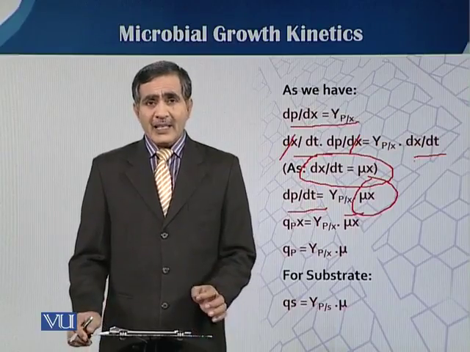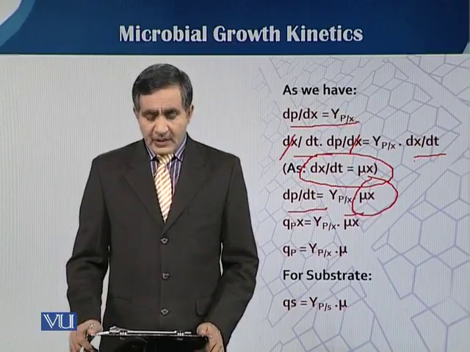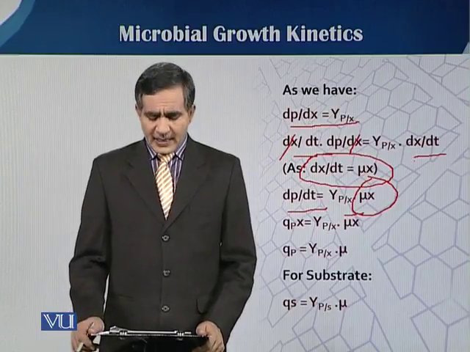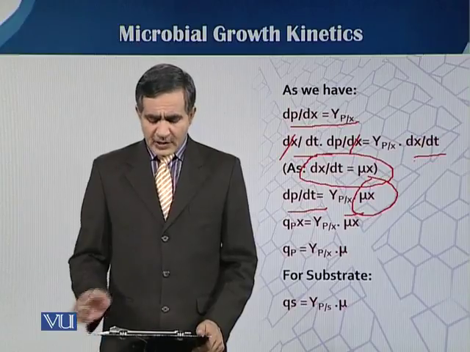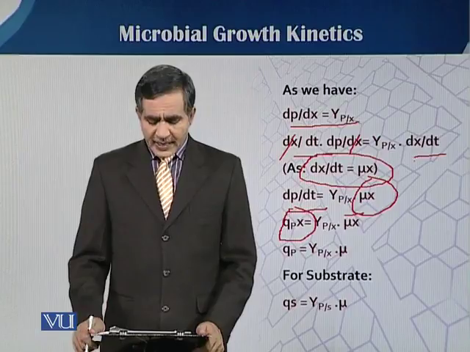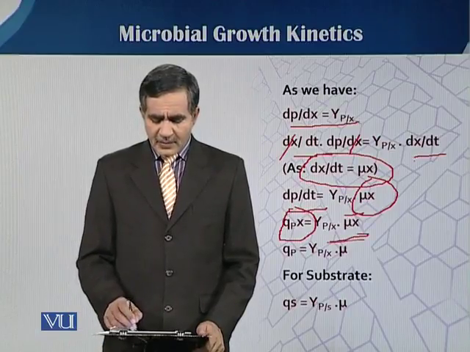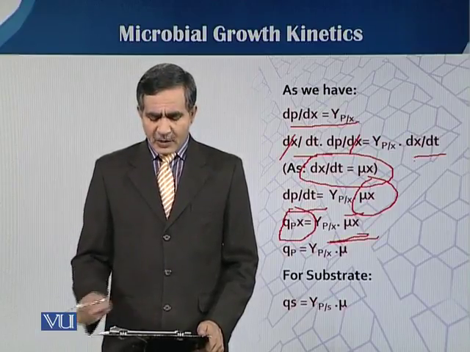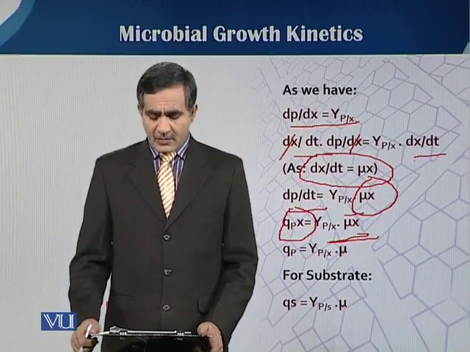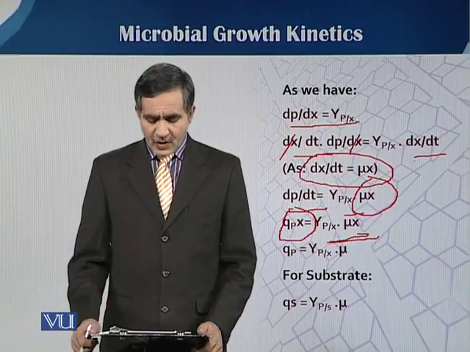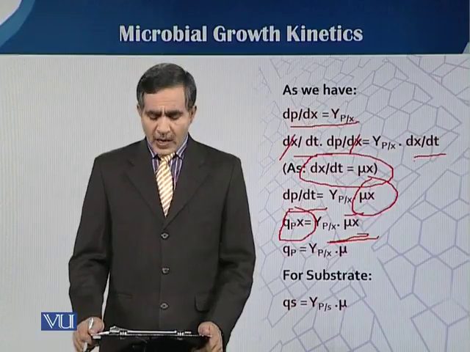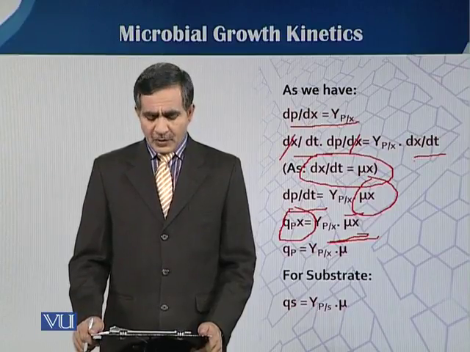So the change in product concentration with dt, as we saw in a previous slide, that dP over dt is equal to qp, the product quotient with respect to x, can easily be understood to be equal to Y, which is the yield factor, and then mu x. So qp is equal to Yp over x dot mu.